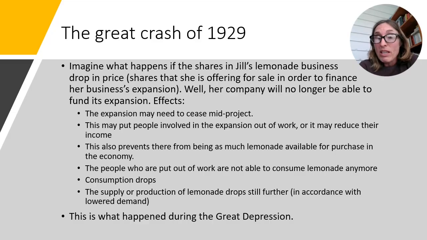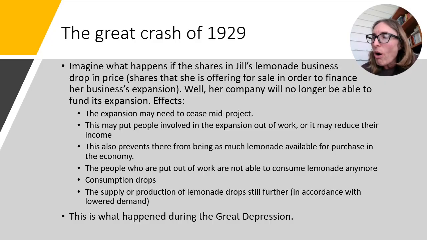And when consumption drops, when demand drops, we know from neoclassical economics that there's less incentive for producers to be producing and supplying, because the price is lower. And this is what happened during the Great Depression.